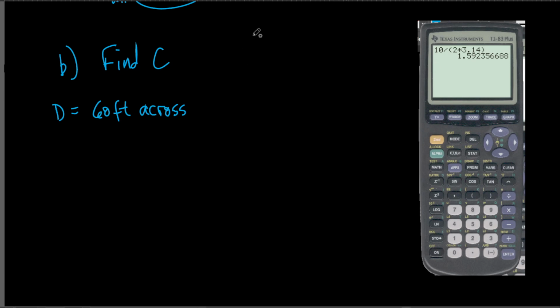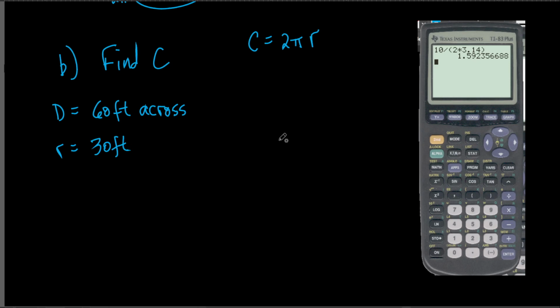But our equation, remember, is 2 pi r. Our equation has radius in it, but they give you the diameter. So we have to figure out what the radius is. What is the radius if the diameter is 60? It's 30, right? Because the diameter is all the way across. The radius is only halfway across. So if 60 is all the way across, halfway is 30 feet.